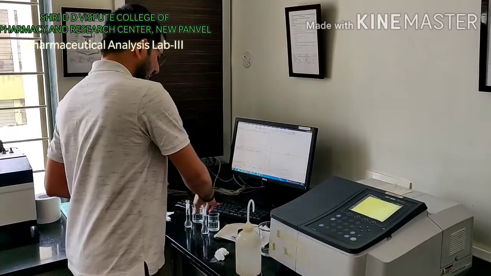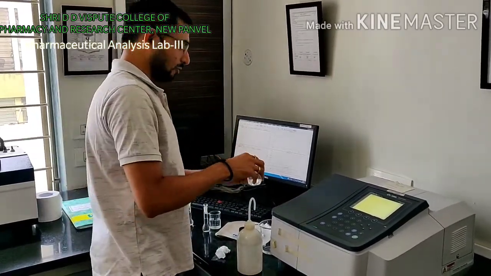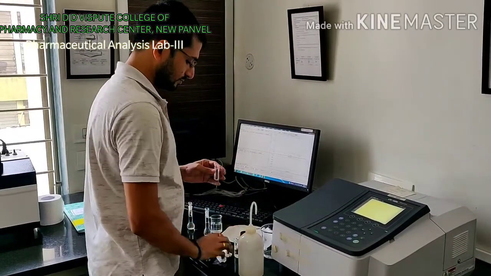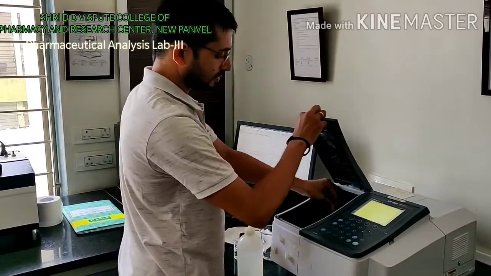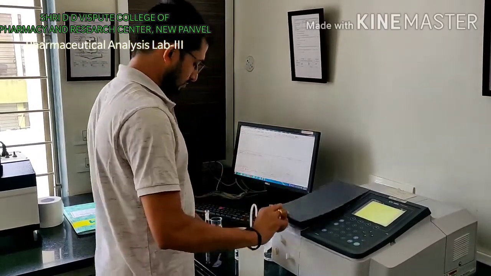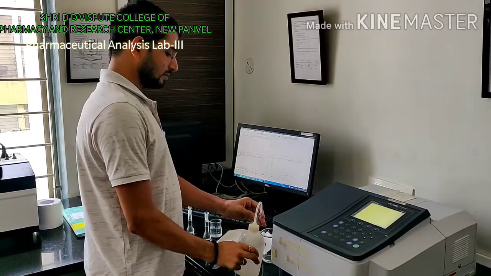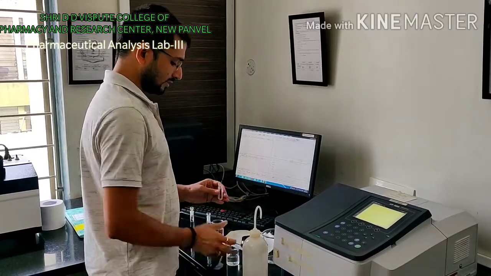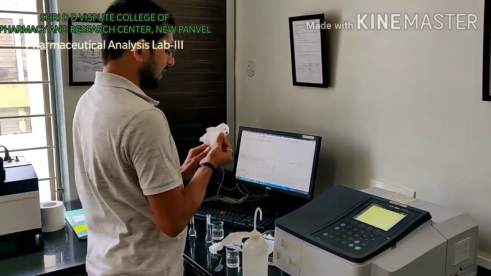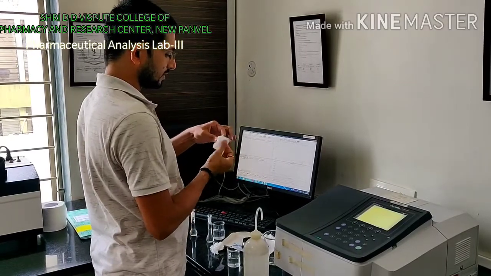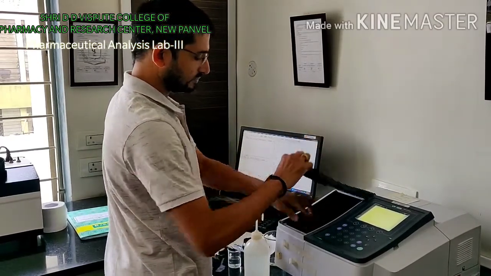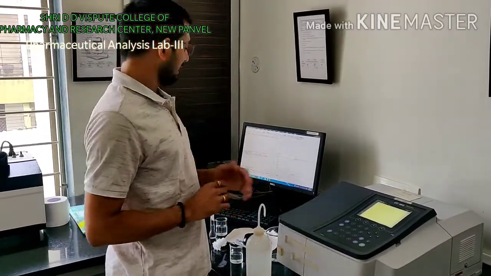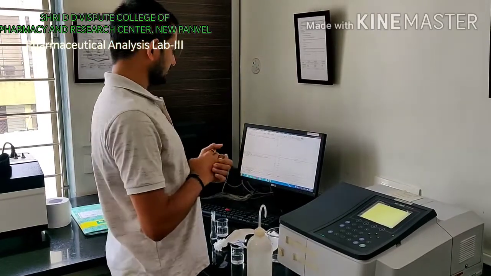Then fill the cuvettes with the blank, that is 0.1 normal HCl, for solution B. Fill both cuvettes with 0.1 normal HCl, then auto zero. Before auto zero, note down the reading.